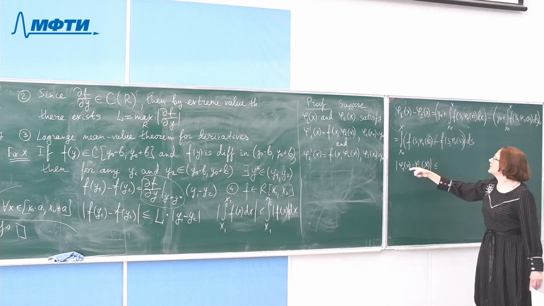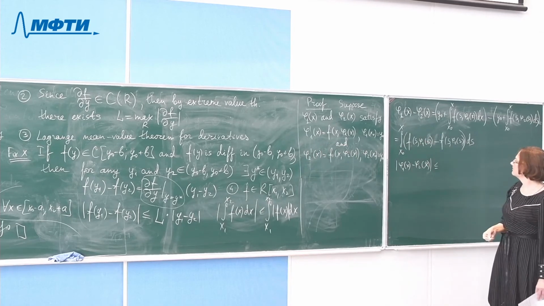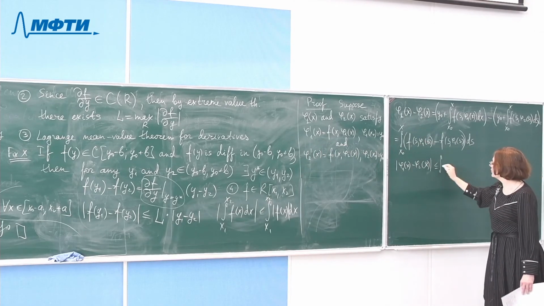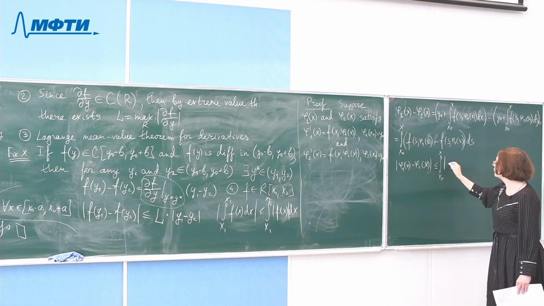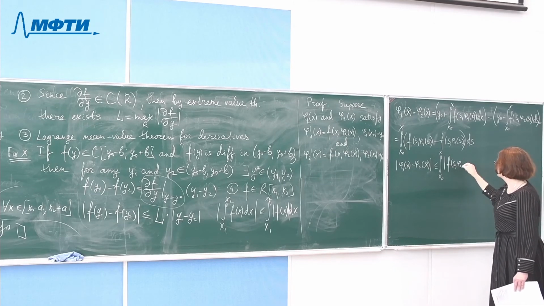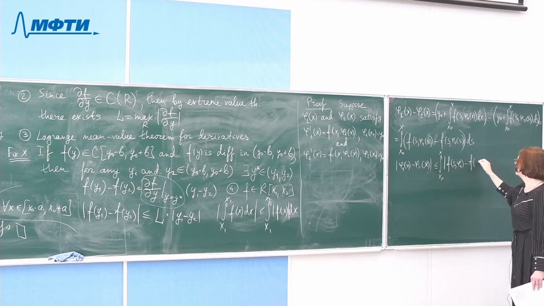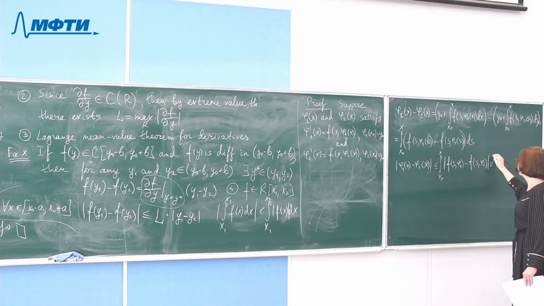So the absolute value is less than or equal to the integral from x0 to x of the absolute value of f of s, phi1 minus f of s, phi2 ds.